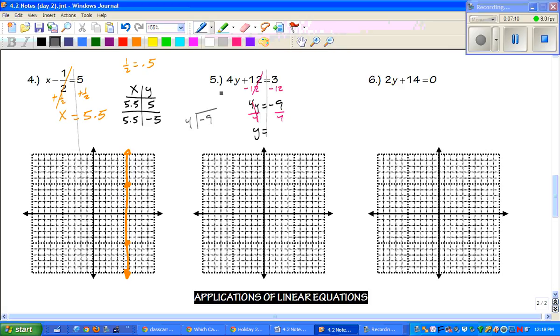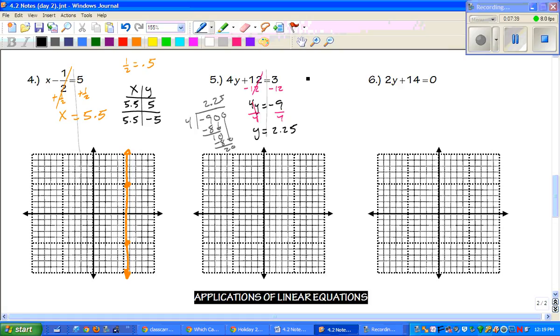Negative 9 divided by 4. 4 goes into 9 2 times. Bring down the 0. 4 goes into 10 2 times. You get 8. Let's keep going. And 4 goes into 20 5 times. So y equals -2.25.